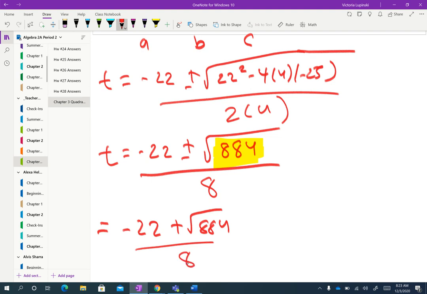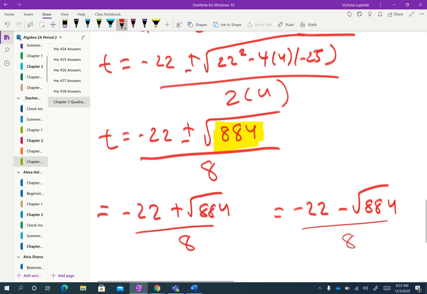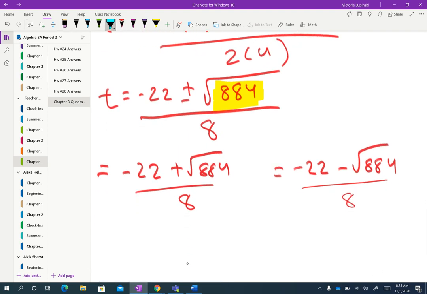So negative 22 plus the square root of 884 divided by 8, compared to negative 22 minus the square root of 884 divided by 8. You're going to always make sure you do the numerator in your calculator and then hit enter and then divide by 8. You have to do that first, or else you're not going to get the right answer.